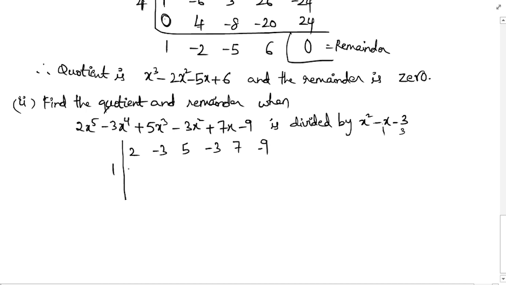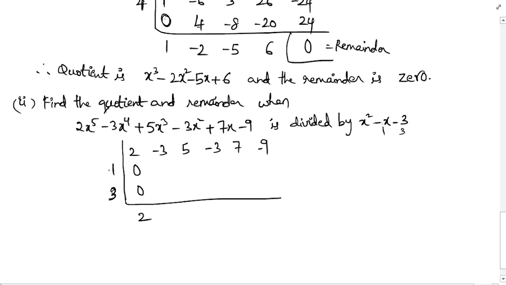Now because we have 2 roots here, 1 we will write here, and 3 we will write here. Now this and this will be 0. So here 2 plus 0 is 2.